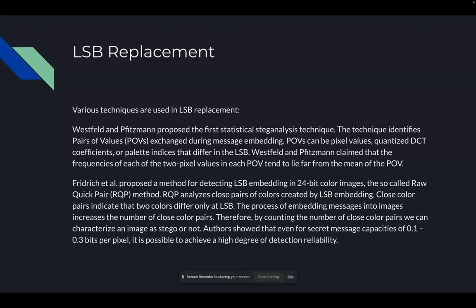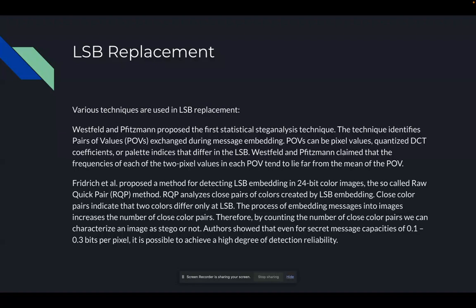Fridrich and other researchers proposed a method for detecting LSB embedding in 24-bit color images, the so-called raw quick pair, or RQP method. The RQP analyzes close pairs of colors created by LSB embedding.